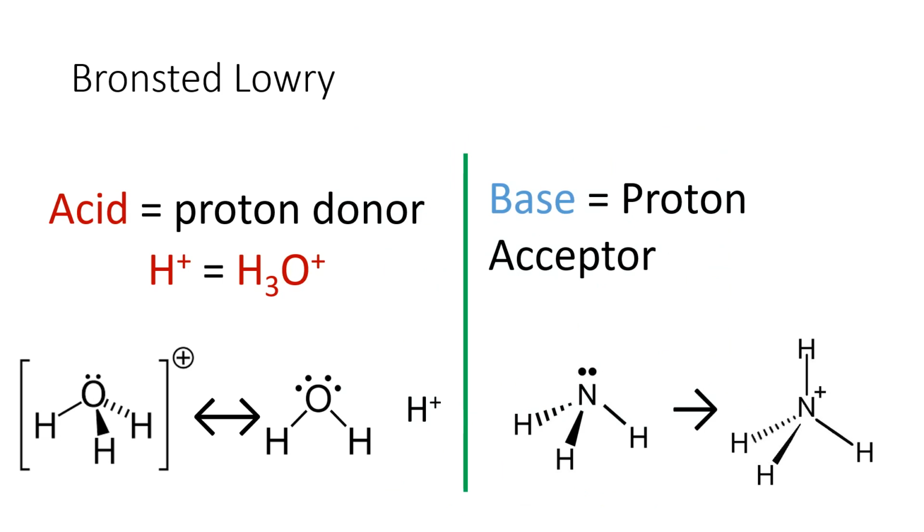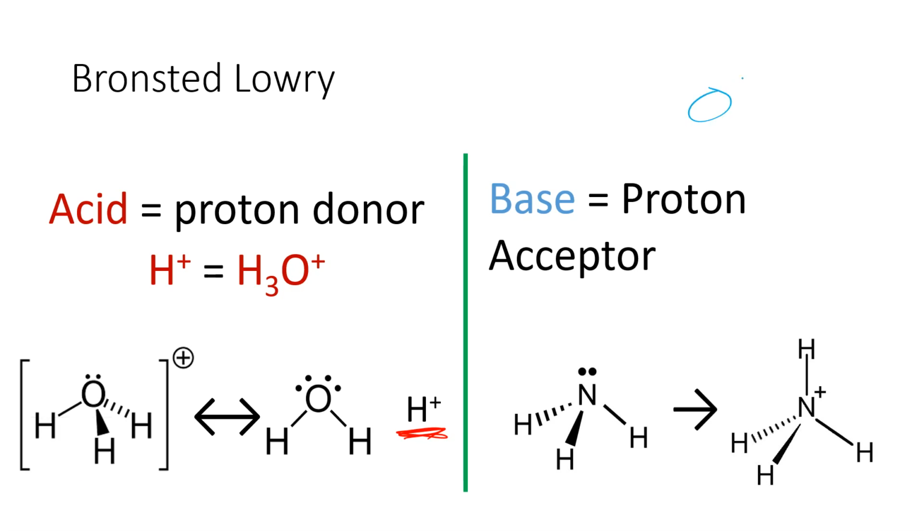All right, so Bronsted-Lowry had another definition, and this leads into what we were just looking at. An acid is a proton donor, so H plus goes to H3O plus. H3O would have an extra hydrogen, so one will fall off. That's what an acid is. And a base is a proton acceptor. So a base doesn't have to just be, as Arrhenius said, an OH minus.